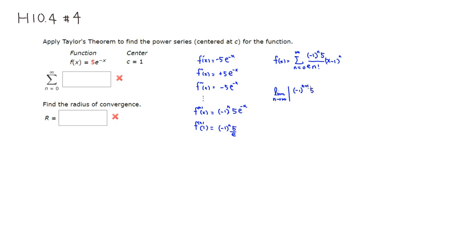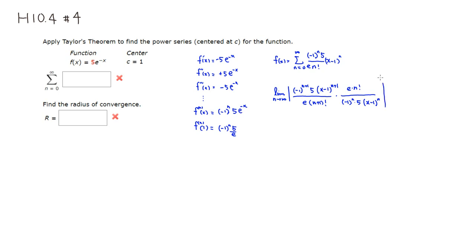So 5 is 5, and then you have x minus 1 to the n plus 1 over e times n plus 1 factorial. And dividing by a n is just multiplying by its reciprocal, so you put e and n factorial on top, and you have negative 1 to the n times 5 times x minus 1 to the n.